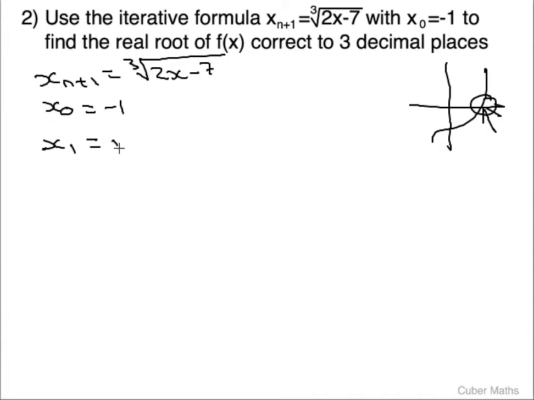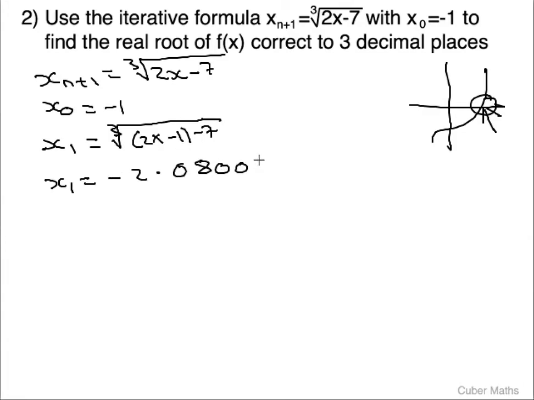So to find x1, we're going to do the cube root of 2 times our previous value, which is minus 1, minus 7. Which then when we type that into our calculator, we end up with x1 is equal to minus 2.080083823. And it's important that you write out all the digits that your calculator shows.